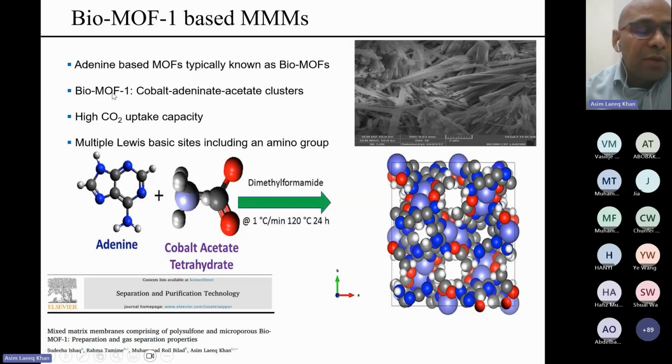In this example, we used a biomorph in which we have cobalt metal and adenine. It is called a biomorph because adenine is the organic linker in this case, and it has multiple Lewis basic sites, so it can interact with the CO2. CO2 can act as a Lewis acid, and by having these Lewis acid-Lewis base interactions, we can expect high absorption.